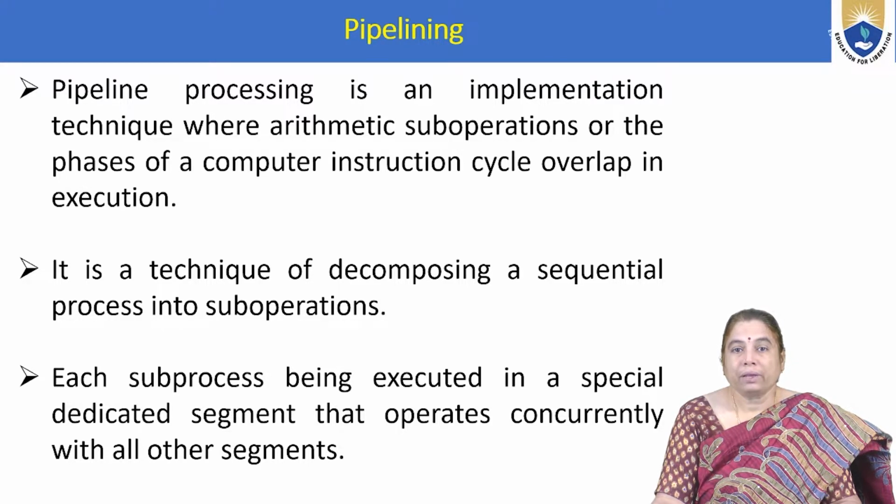All these are very computationally intensive and require a large volume of data processing. To support these, advanced processors can be designed that support parallel processing. That means more than one instruction can be executed simultaneously.